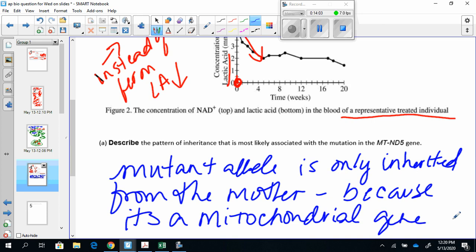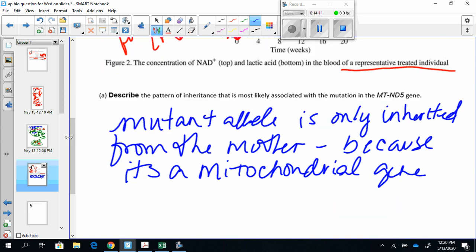All right, so that's how you inherit it. You inherit it from mom because it's just this mitochondrial DNA. So you only get the mitochondria from mom. So that's how you get it.